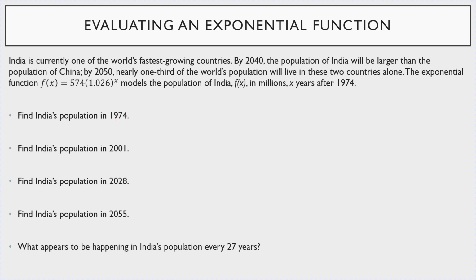So let's find the population in 1974. Well, what is x here? x is years since 1974. Well, that's 0 years since 1974 because we want to find it in 1974.